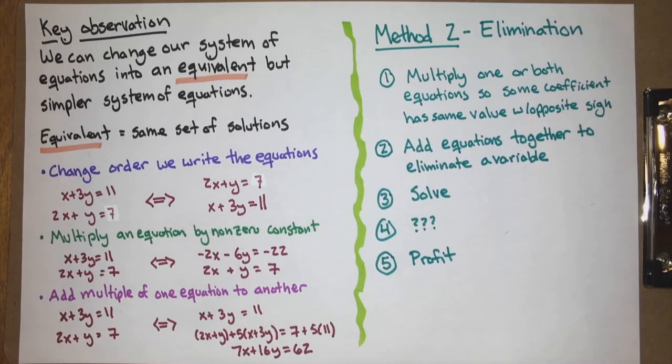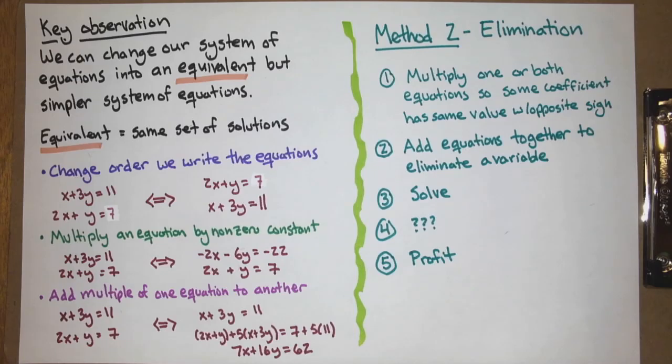Which is to say, if we don't like the system of equations we have, we can modify them into a nicer system of equations in such a way that they're equivalent. Now, when we say we have an equivalent system of equations, what we mean is that any solution to the first system of equations is a solution to the second and vice versa. So they're equivalent in terms of they have the same set of solutions.